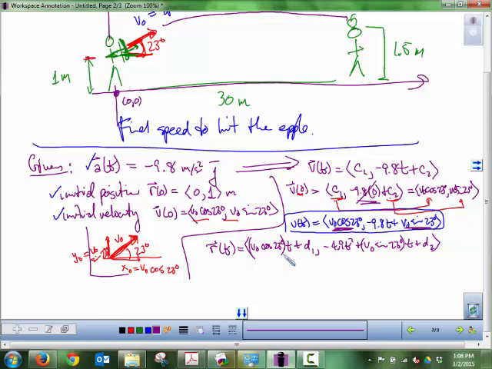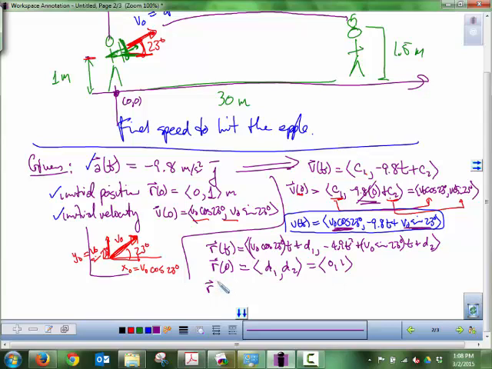Now, our initial position is 0, 1, so when t is equal to 0, the first component times t disappears and I just have d1 for the x component, and similarly just d2 for the y component. We want that to equal 0, 1, which means d1 must be 0 and d2 must be equal to 1.